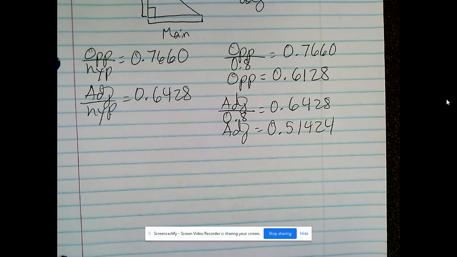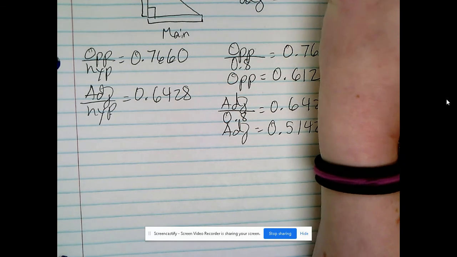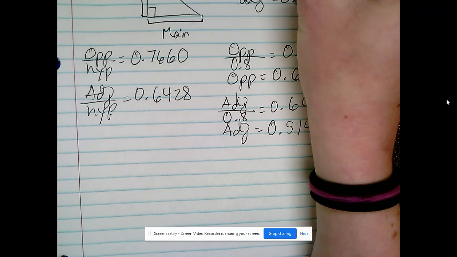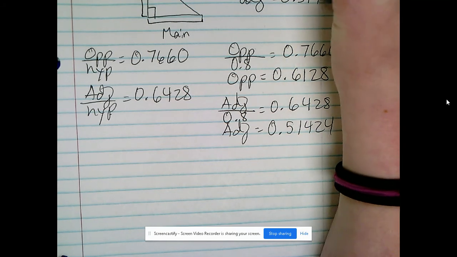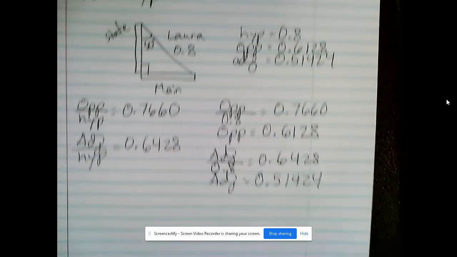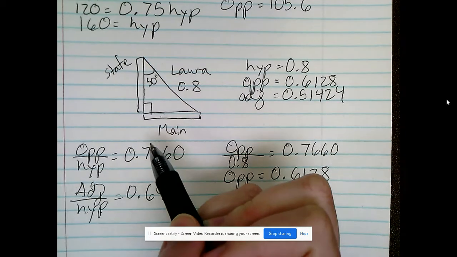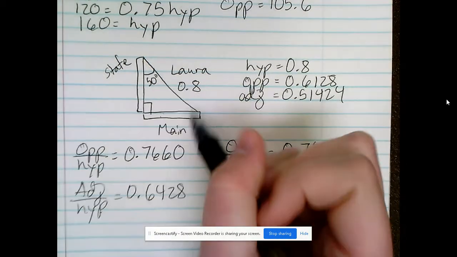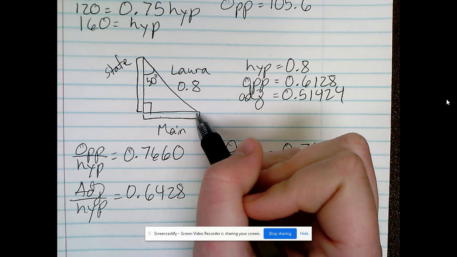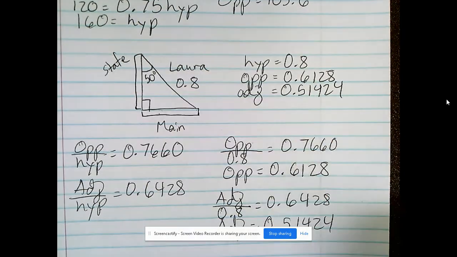And when we do that, we get 0.51424. So now that we know our opposite equals 0.6128 and our adjacent equals 0.51424, we need to add them so that we know how far someone has to go to avoid Laura Street between this point and this point.